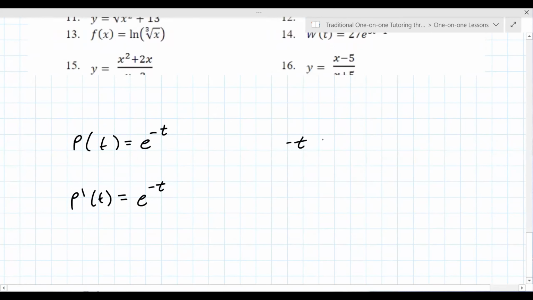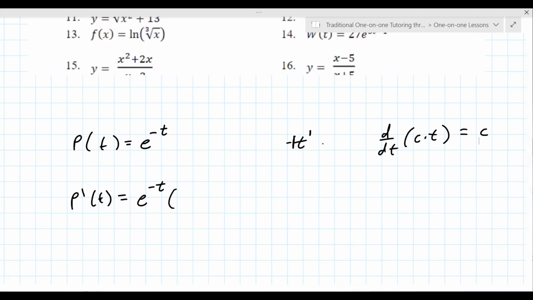It's minus t. What is the derivative of minus t? It's negative 1 in front, t to the power of 1. d dt of a constant times t, or constant times x, is always the constant.